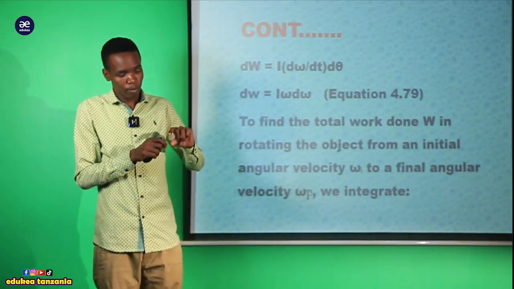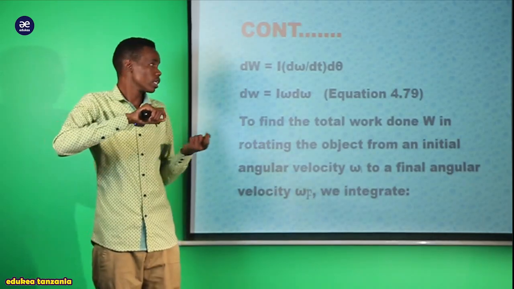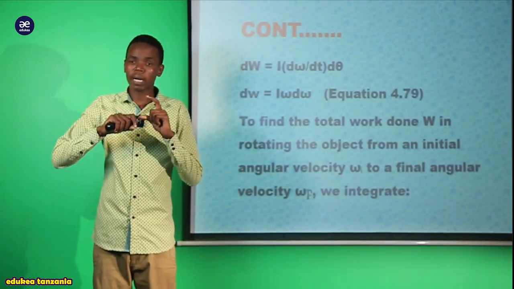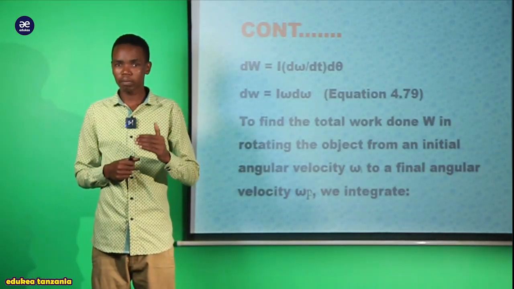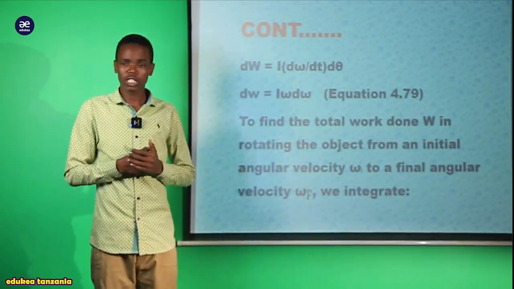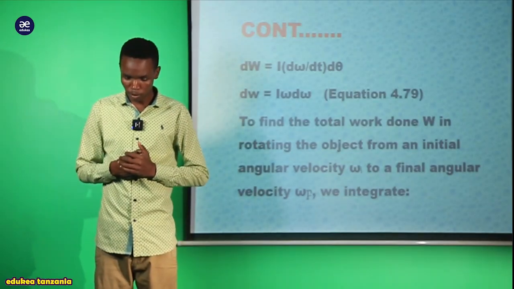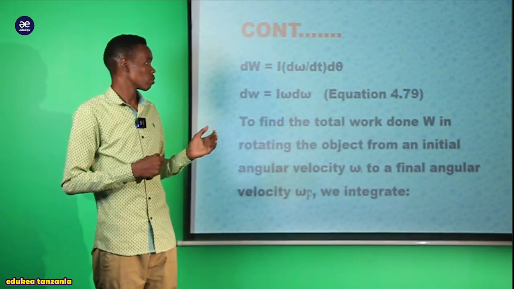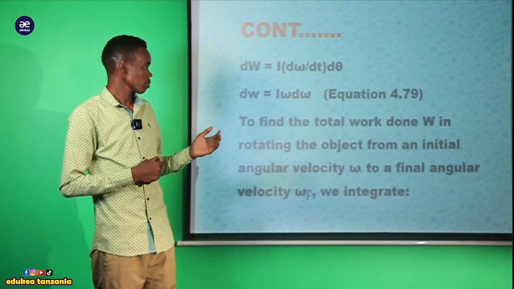Tutapata sasa kwamba kumbe small change of this work done must be equals to the moment of inertia we multiply by the rate of change of the angular velocity, we multiply it by the small change of the angular displacement, as we try to demonstrate here.